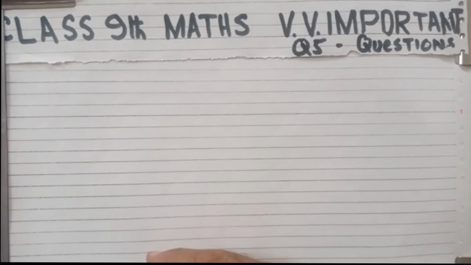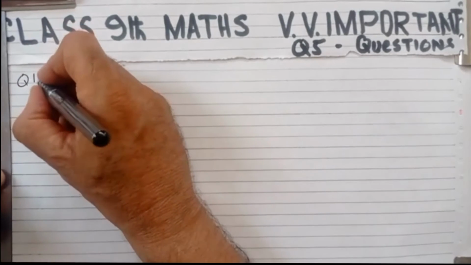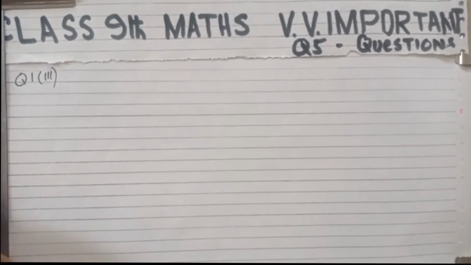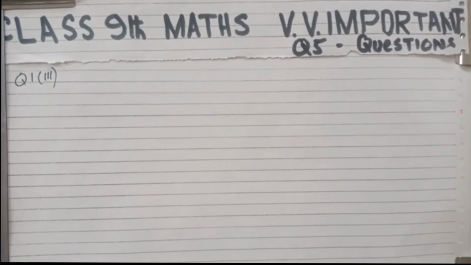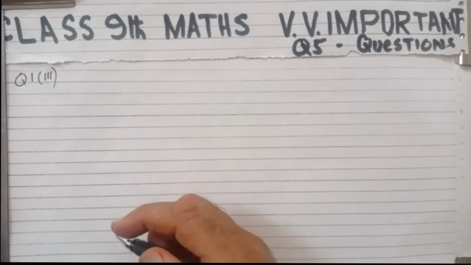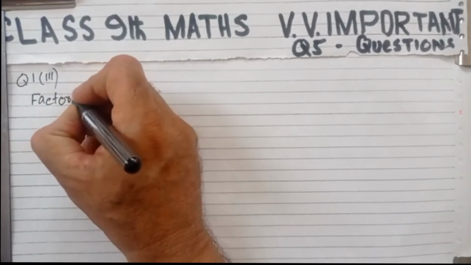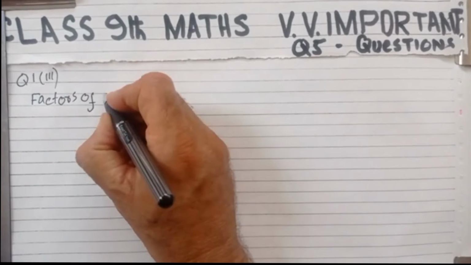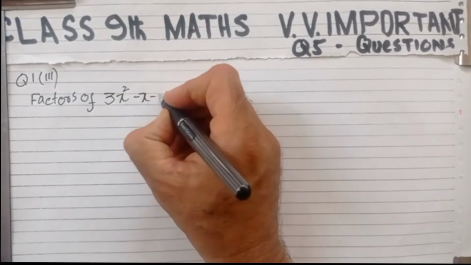Question number 1, part 3. Here it says: find the factors of 3x square minus x minus 2.